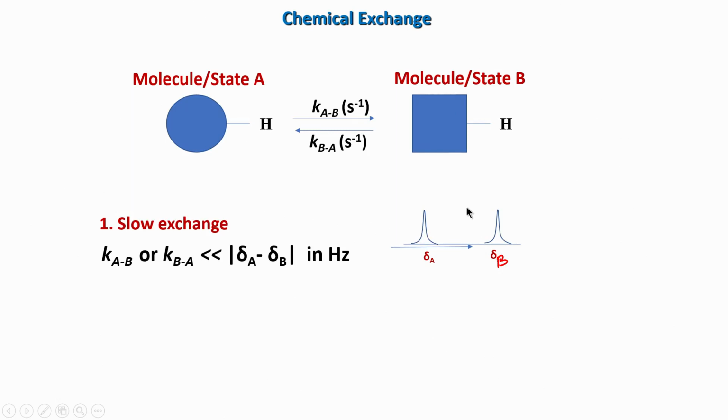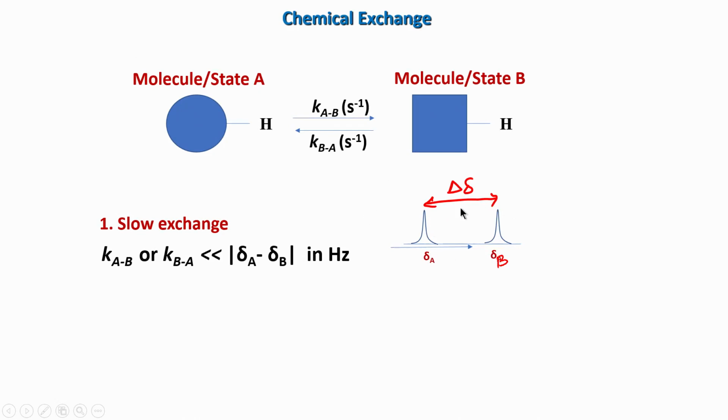Now, how do we characterize the exchange? In NMR the exchange is always with respect to the difference in these chemical shifts. What matters to us is this difference, delta delta. All the concepts of exchange in NMR depend on this.